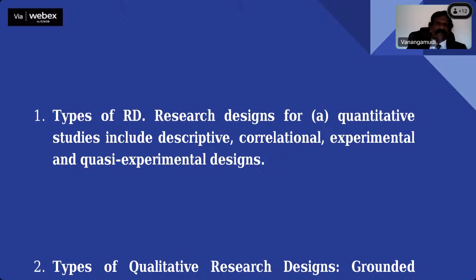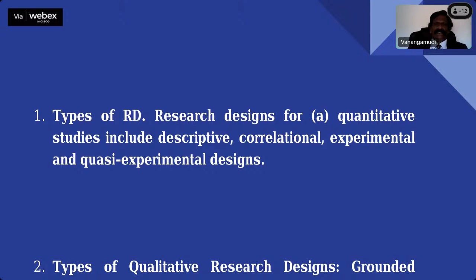Now, there are two types of research designs. In pure, applied, doctrinal and non-doctrinal research, the other day we explained that research design and research methods are to be designed on the basis of objectivity and quantification. There are two types of research design: one is quantitative research design, another is qualitative research design.